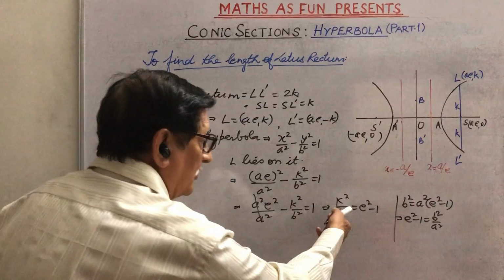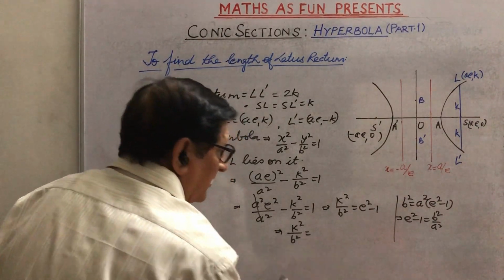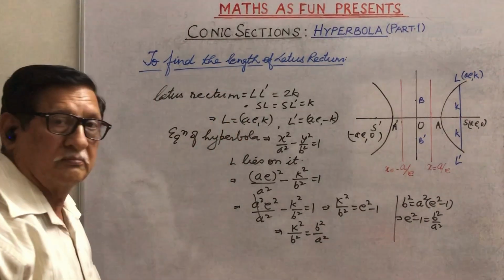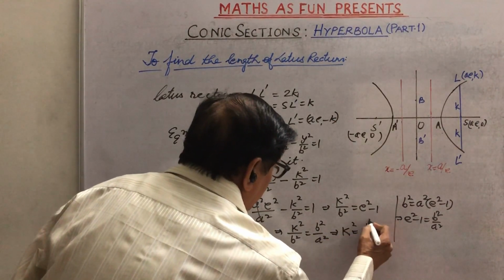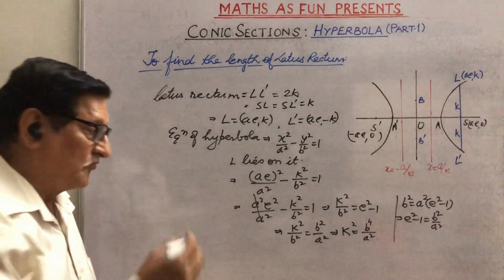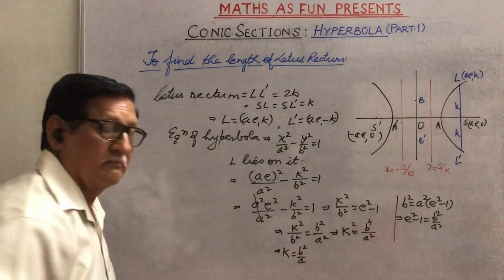If we substitute that value here, we get k square upon b square is equal to b square upon a square, or we can say that k square is equal to b to the power 4 upon a square. So we are getting the value of k as b square upon a.